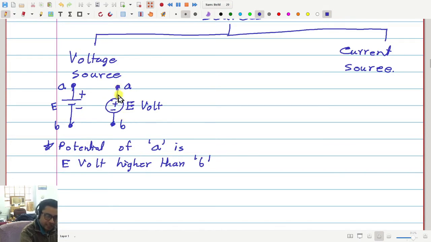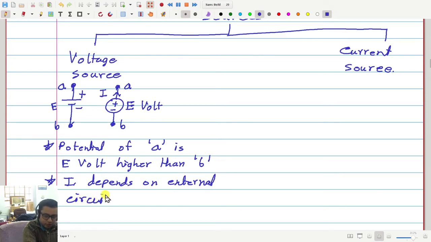However, how much current will flow through this? If I call this current I, how much will be I? The current I depends on the external circuit.